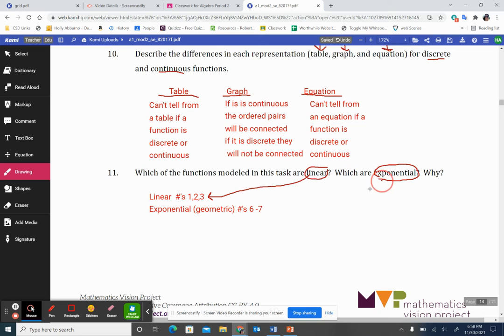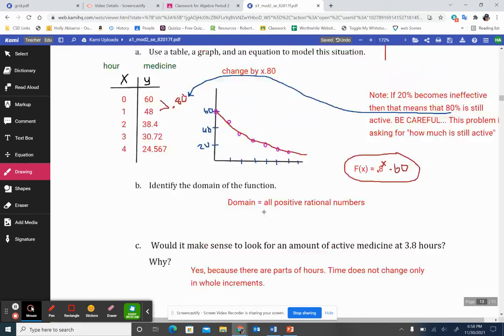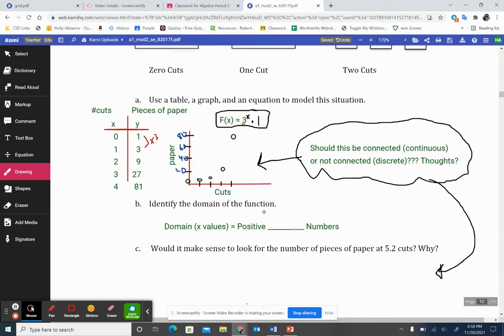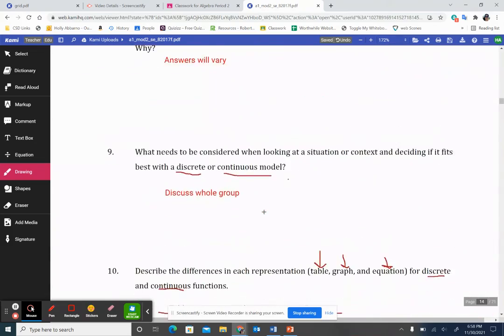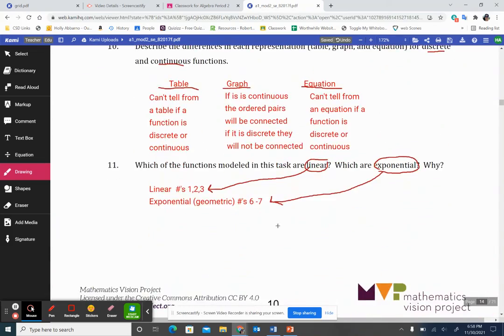Those were the last two, the one with the dog's medicine, and this one right here, which was the paper. Okay. So we have lots of ideas that we're talking about. Not only do we have linear and exponential, and tables and graphs and equations, but now we are trying to decide if things are continuous or if they are discrete.